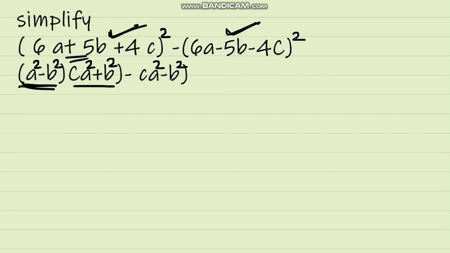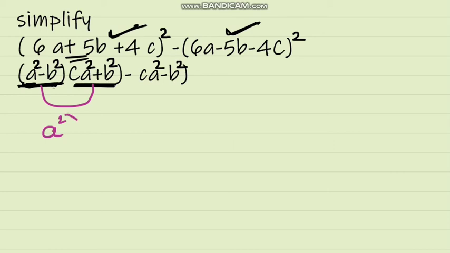If you consider a square as capital A, and b square as capital B, then this will become a minus b and this will become a plus b. So this becomes your a plus b into a minus b, that is a square minus b square.